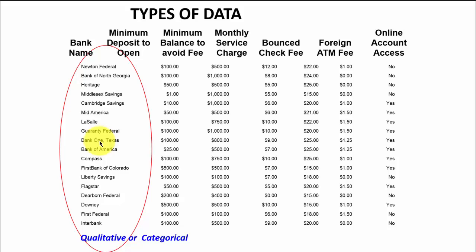We can also call this information qualitative, or it could be categorical. Again, another example is the online account access. Do you have access to your account online? And the responses are yes or no. It's a binary response, or we also call it a dichotomous response. But at the end of the day, it's a categorical response. Yes versus the other category, no.